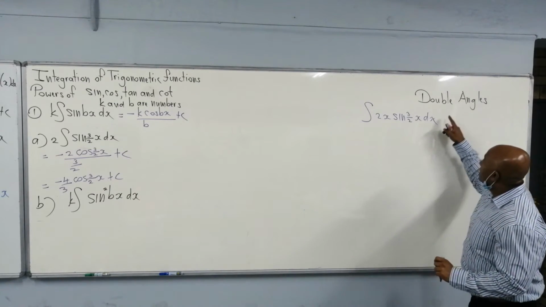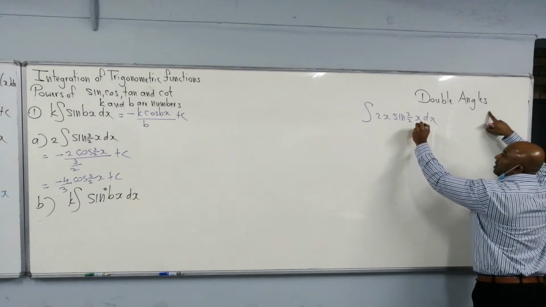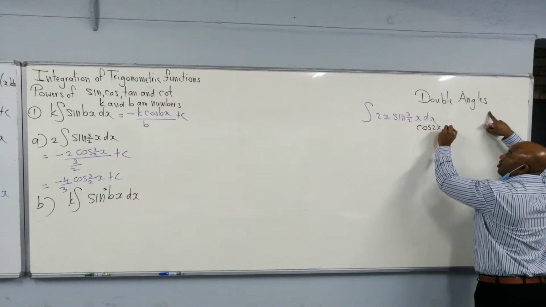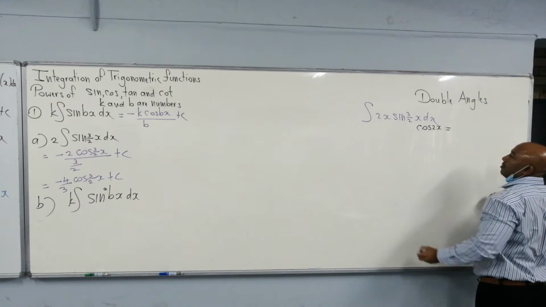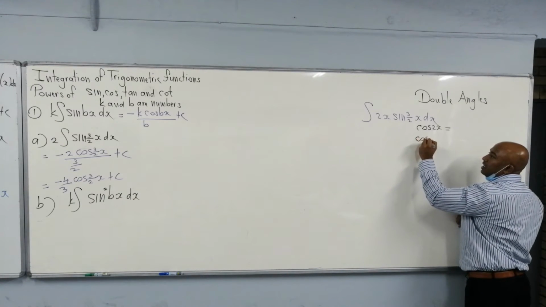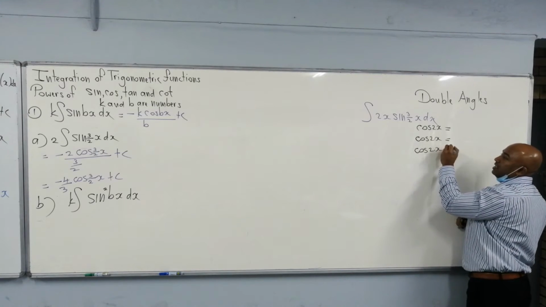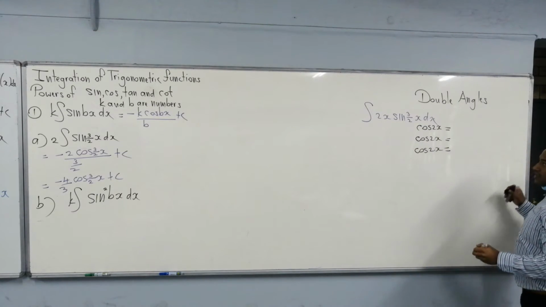We go back to our trigonometry, double angles, and remember the formula for cos 2x, your double angle formula. There's three ways you can write down cos 2x.